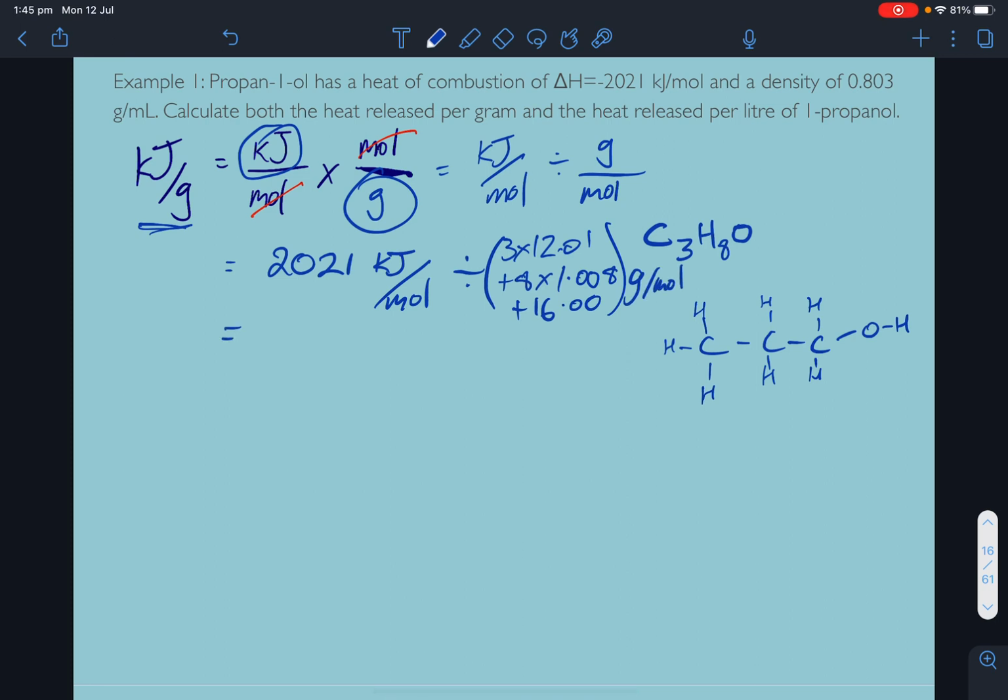So 2021 divided by 3 times 12.01 plus 8 times 1.008 plus 16. I get 33.63, which sounds good. I would have 4 significant figures, so 33.63 kilojoules per gram.